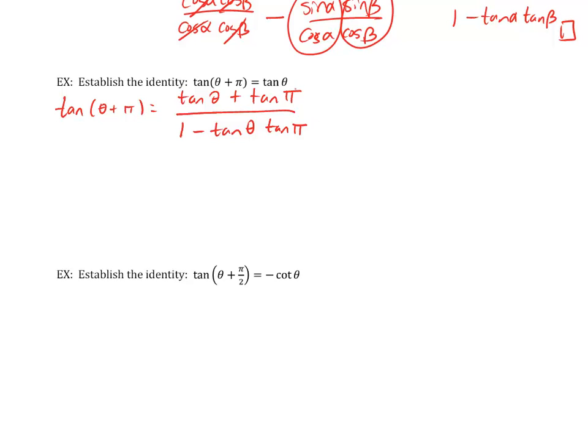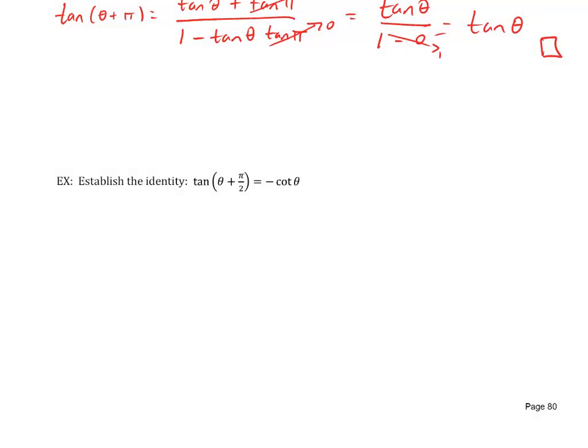But tangent of pi is 0, which means on top I just have tangent of theta, and on bottom I have 1 minus 0 times tangent of theta, which is 0, or just 1 on bottom, which gives me tangent of theta, proved.